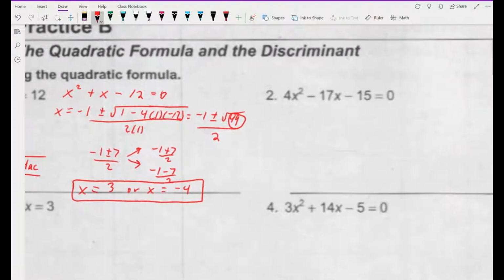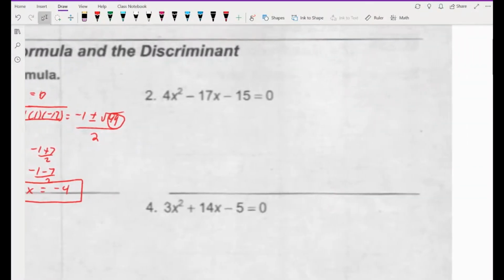Now let's look at number 2. It's written in the proper form, and we can see a is equal to 4, b is negative 17, and c is negative 15. So we use the quadratic formula, x equals negative b. Now this is a negative 17, so it's positive 17, over b squared.